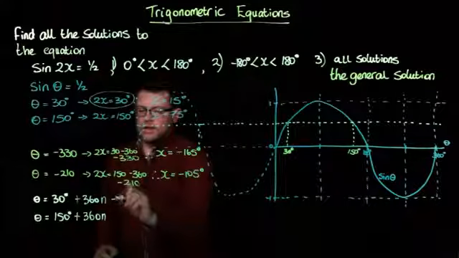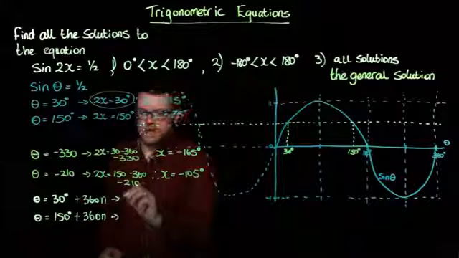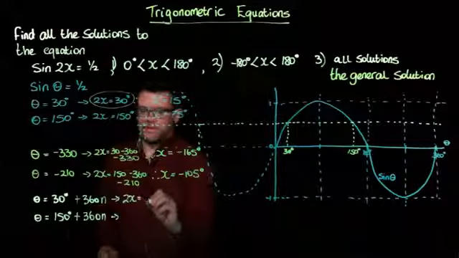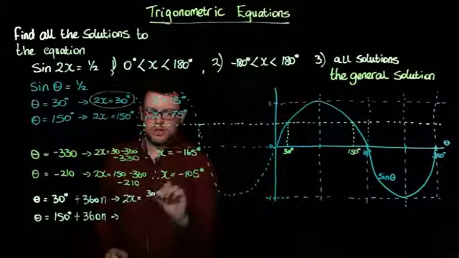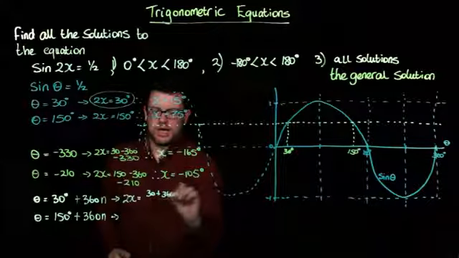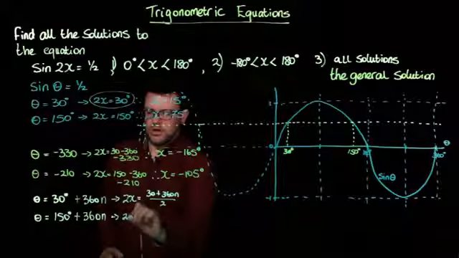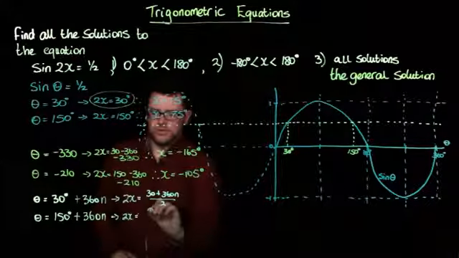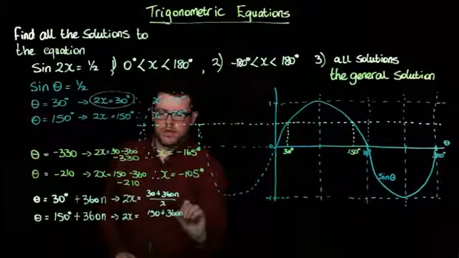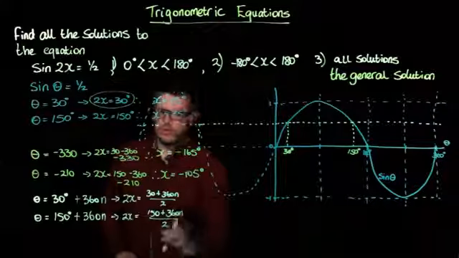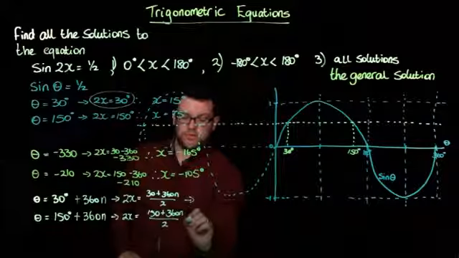So we can then generalize that down for our 2x. 2x is going to be equal to this all divided by 2. So 30 plus 360n all over 2. And similarly here, 2x is equal to 150 plus 360n all over 2. In each case, we can just simplify it.